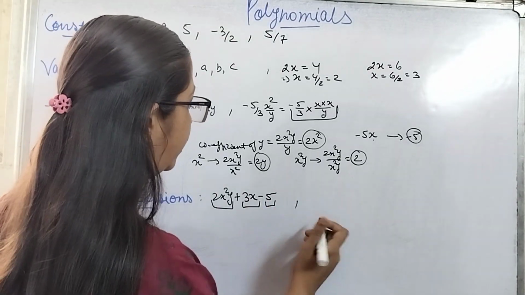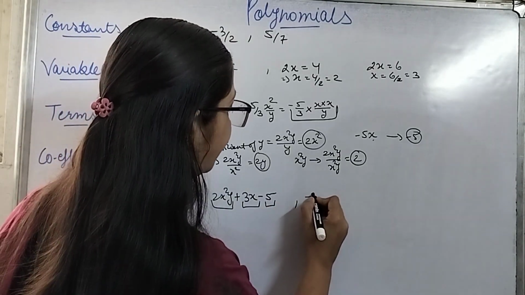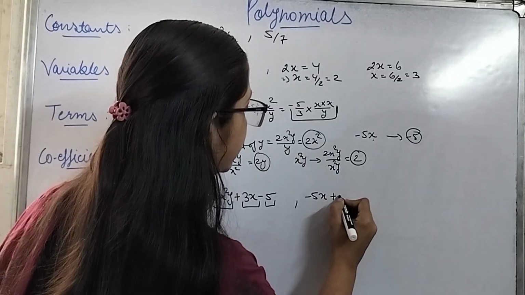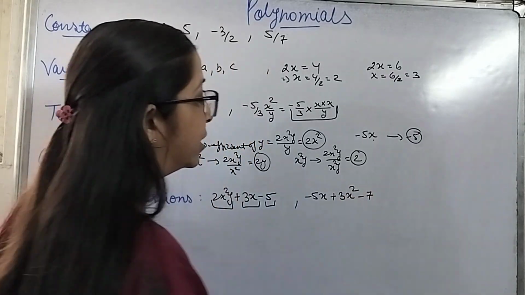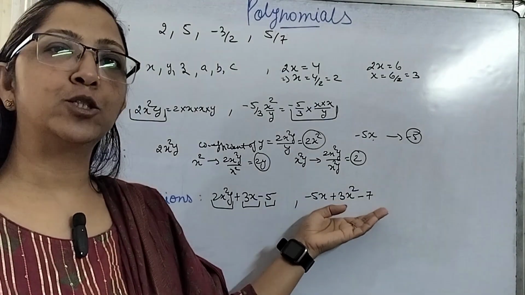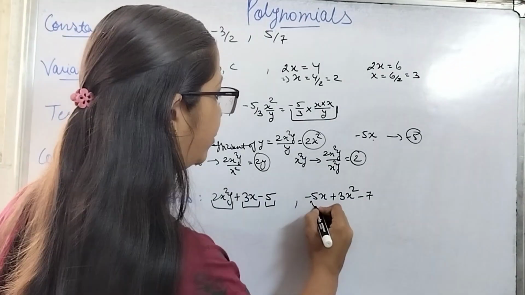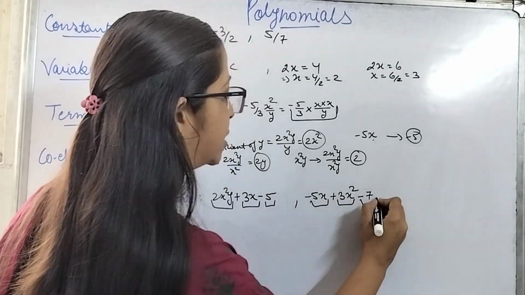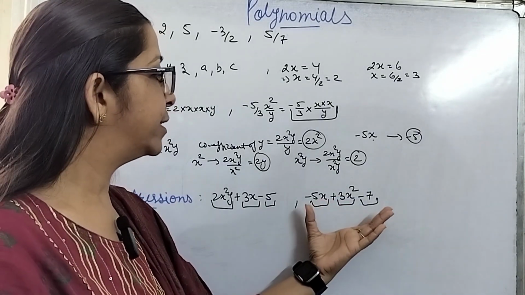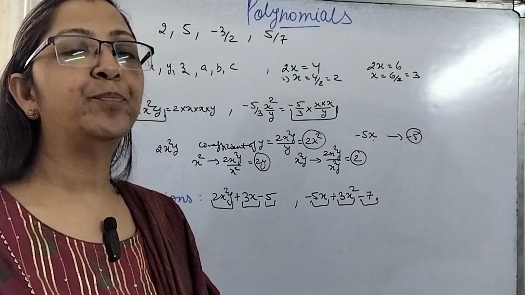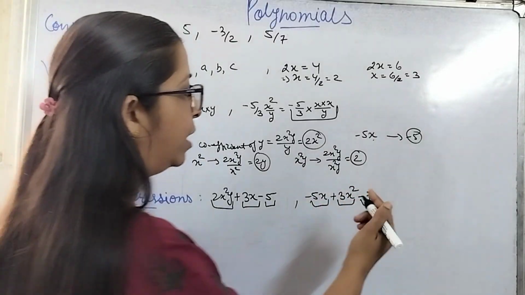Similarly, I can say minus 5x plus 3x square minus 7. This is even an algebraic expression. Over here, this is one term, this is one term, this is one term. When we have added and subtracted the terms, the expression which we get is an algebraic expression.